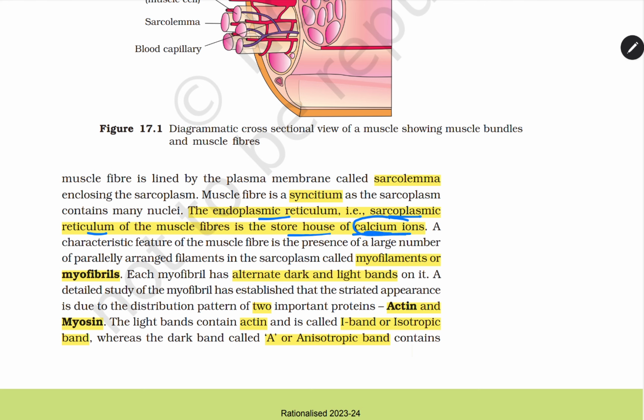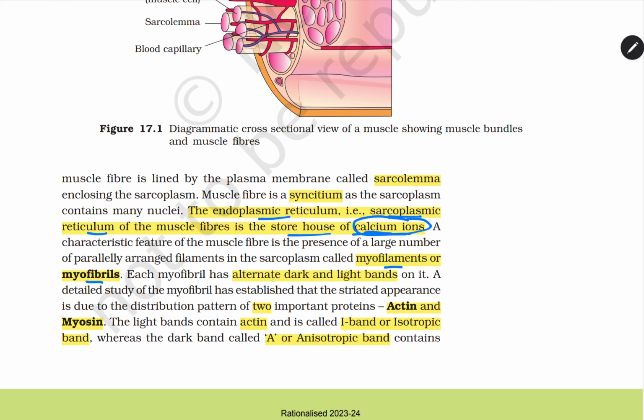And calcium ions play an important role in the movement of muscles. Next, a characteristic feature of the muscle fiber is the presence of a large number of parallelly arranged filaments in the sarcoplasm called myofilaments or myofibrils.